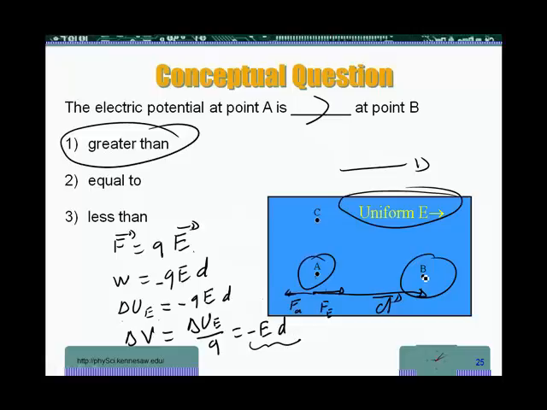If instead I move the charge from B to A, I would be moving towards increased electrical potential, and it would be plus ED. This is one expression that we are going to need to use later on. So let me write it down here: delta V is minus ED, or ED, depending on the way we move the charge.